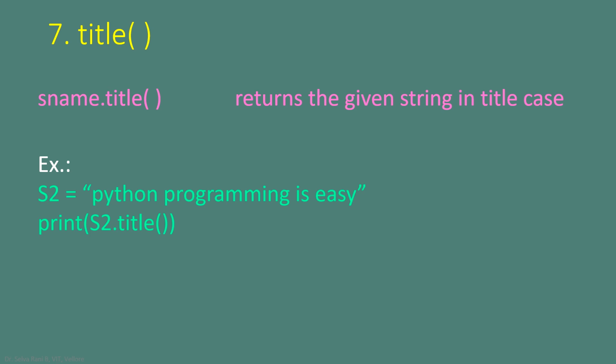S2 = 'python programming is easy', in which all the characters are in small case letters. If we print S2.title(), then the output is going to be Python Programming Is Easy, in which the first character of every word becomes a capital letter.